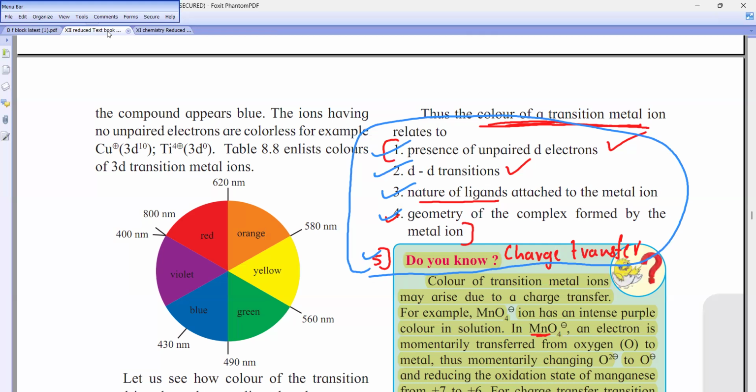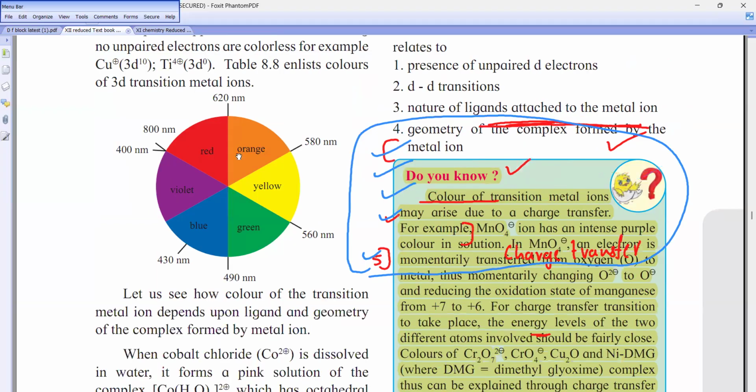The color changes because of the absorption of light, correct. Very good.